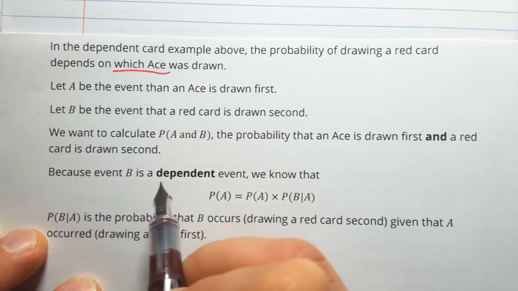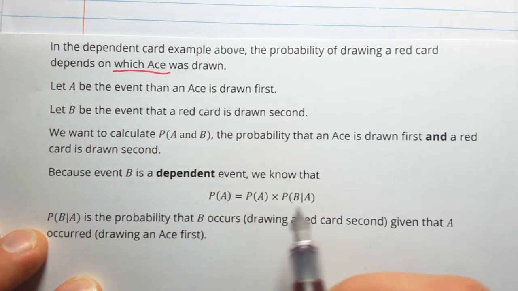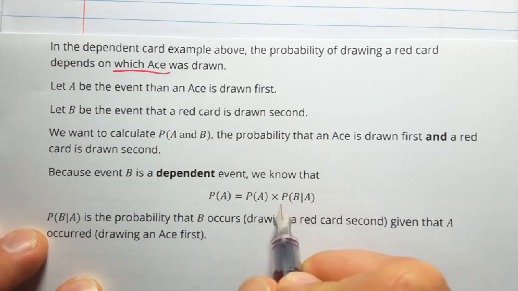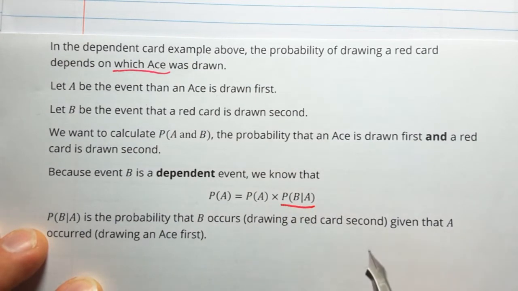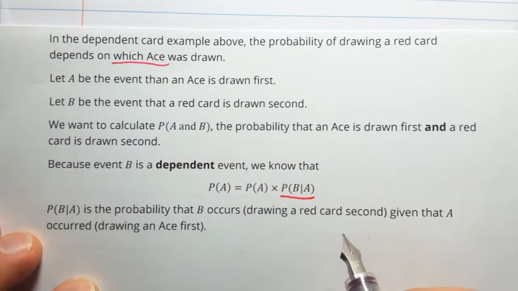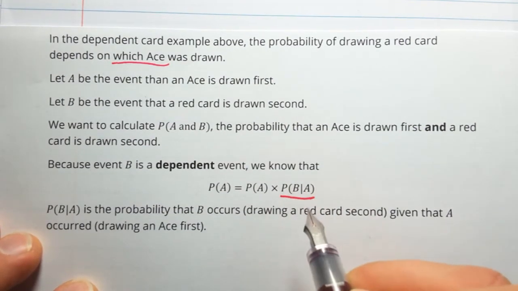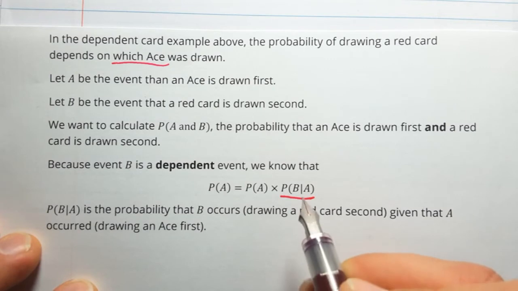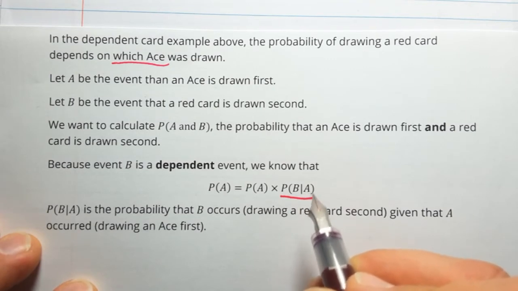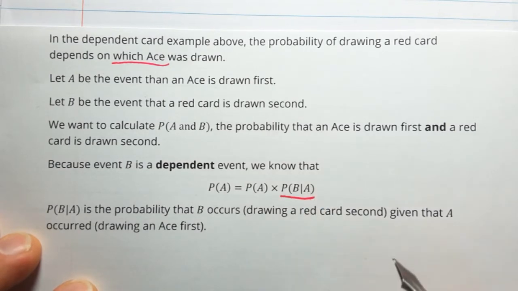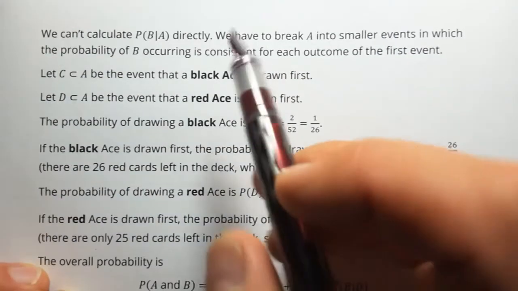But the event B is a dependent event, so we want to use this kind of formula, but this value right here, we can't just know that. We can't know it in a single calculation because it's complicated. It depends on which part of A actually occurred, which specific events occurred. We can't calculate it directly.